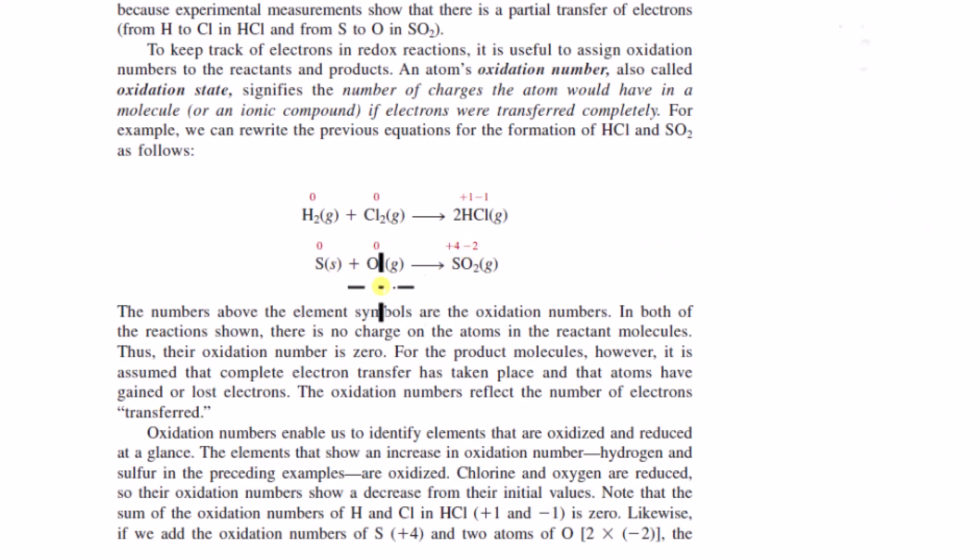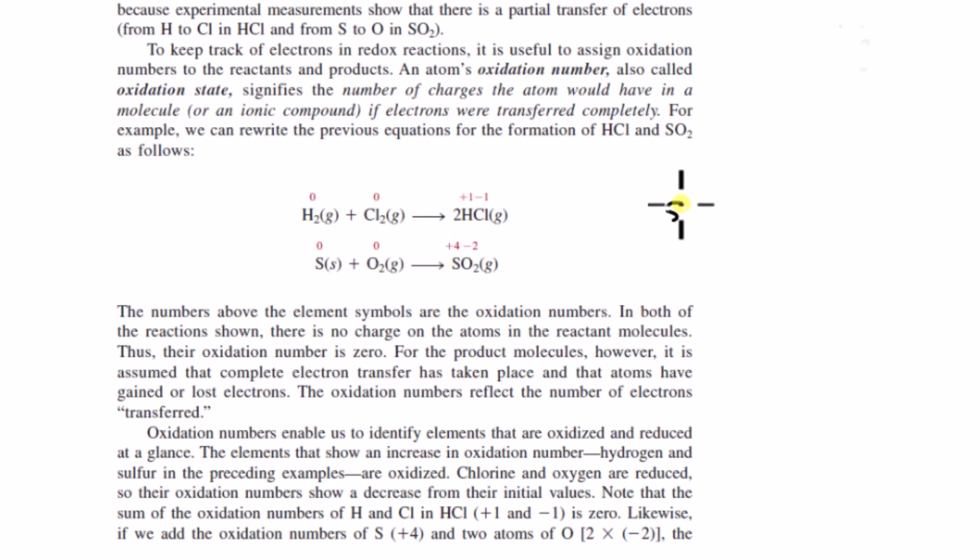Okay, this next reaction, you've got solid sulfur in an O2 gas environment. A reaction takes place, and what you end up with is SO2 gas. So neutral elemental sulfur atoms will have an oxidation number of 0. A neutral O2 molecule, each oxygen atom in the molecule is going to have an oxidation number of 0.